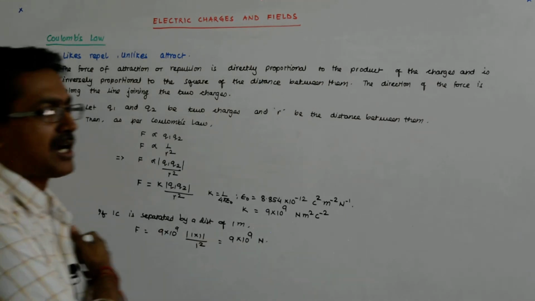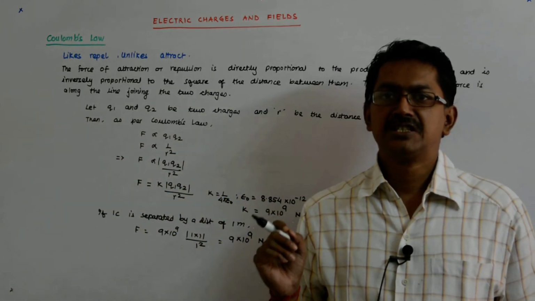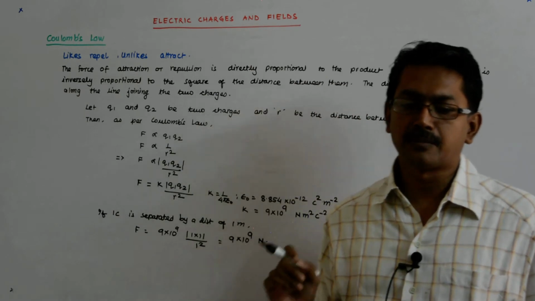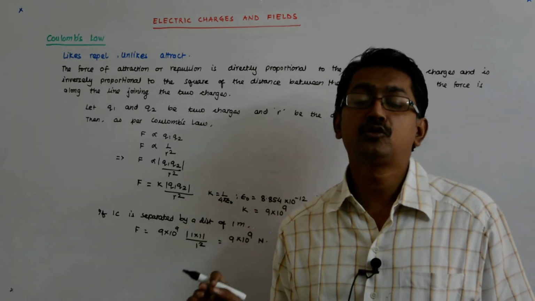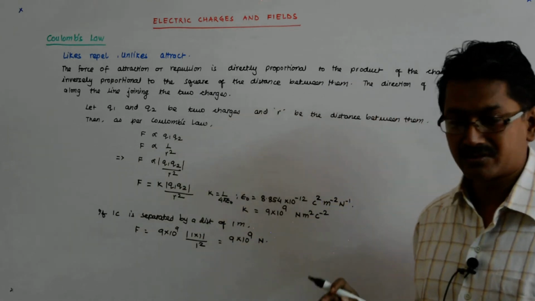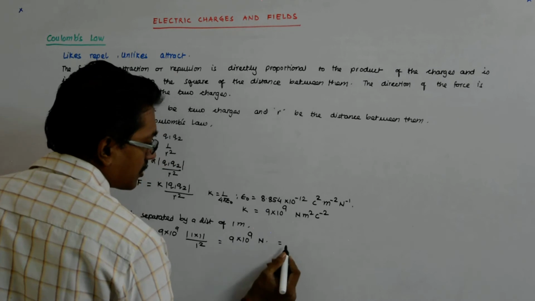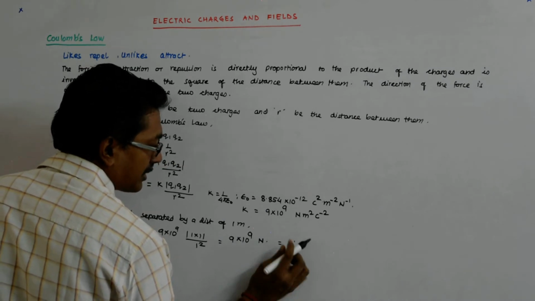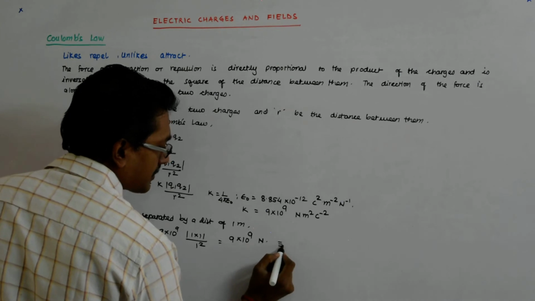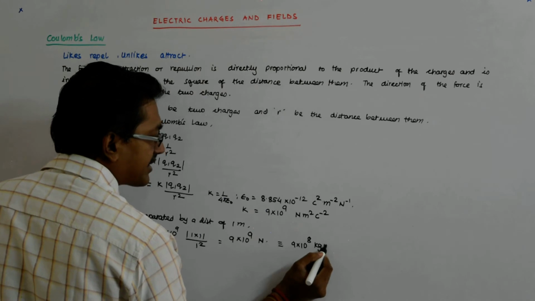1 coulomb of charge separated by a distance of 1 meter has a repulsive force, if both of them are positive, of 9 into 10 to the power 9 newtons, which is equivalent to 9 into 10 to the power 8 kg weight.